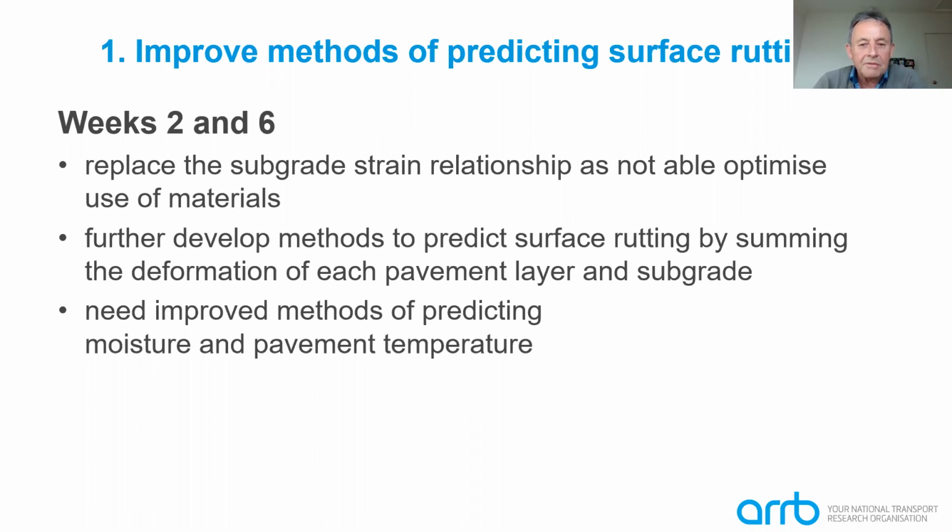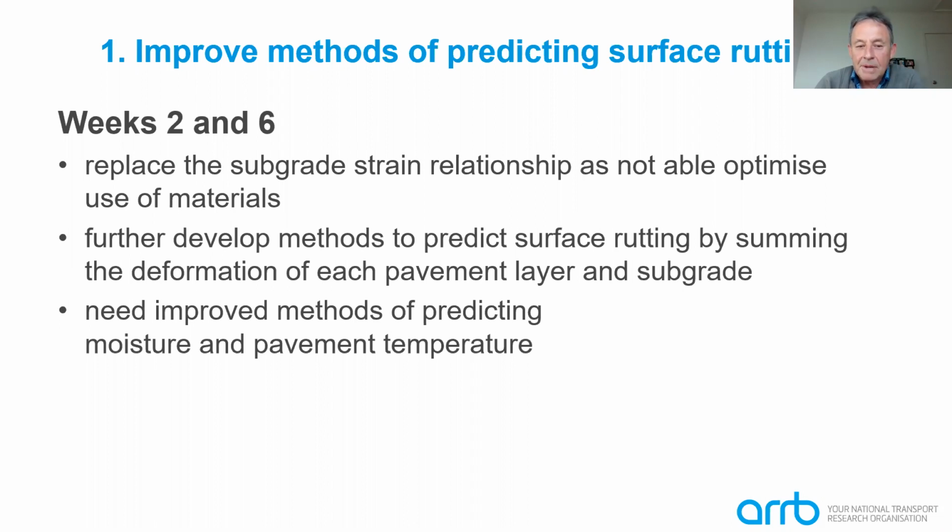I've mentioned that we've started some work along those lines over the last 10 years. We've made some progress, but it still needs further development. And part of that, to develop that and take it further, we need improved methods of predicting moisture in pavements, particularly in relationship to the deformation of granular materials.